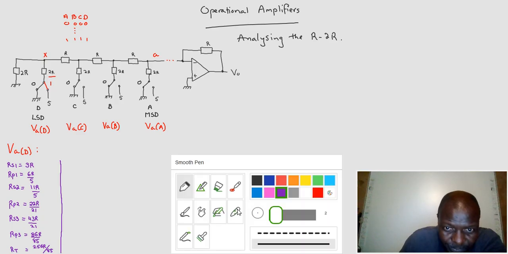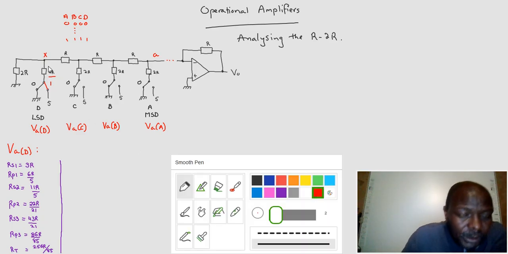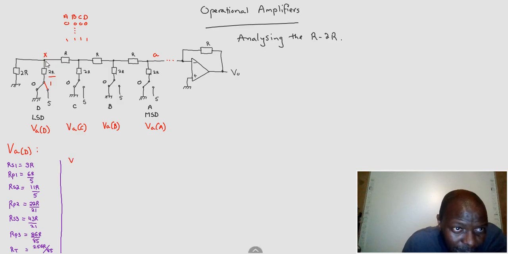Our first value: we want to know the voltage there, which is the parallel network voltage. The supply is 5 volts. It depends on R parallel 3. So V at the point X, I'll call it V parallel 1, because it is the voltage across these two R resistors and across the other network.